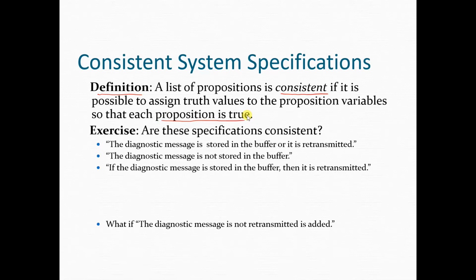If we have a system of more than one proposition involving some propositional variables, the system is said to be consistent if we are able to find truth values of the propositions such that the system gives us the truth value true for every proposition involved in the system.